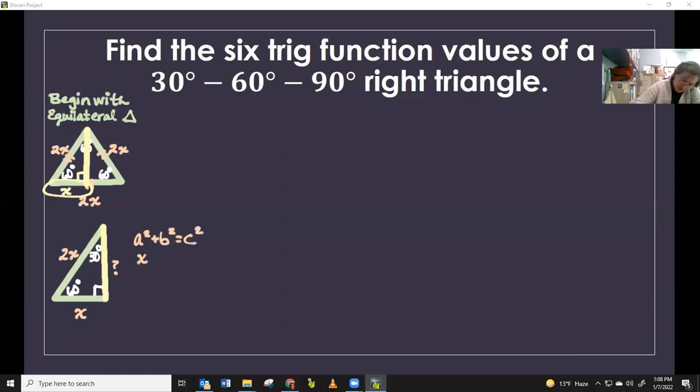So x squared plus, I'm going to call that my opposite side because I'm going to stand over here at this 60-degree angle, is equal to, my hypotenuse is 2x, and then I'm going to square it. What is 2x squared? 2x times 2x.